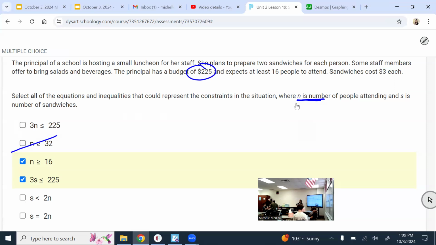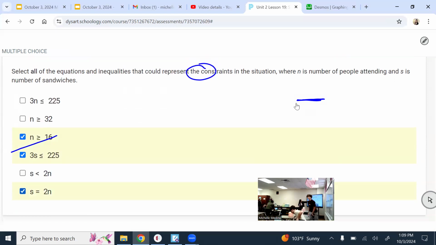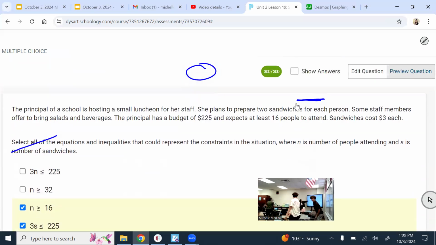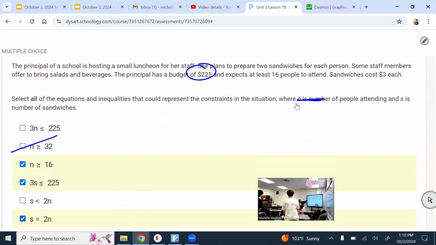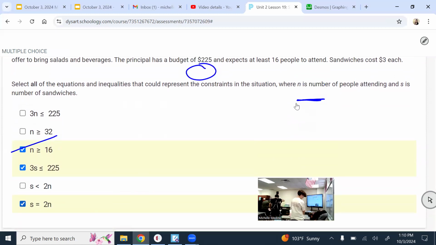Does that make sense? I say no. Because you do want 2 sandwiches per person, but you want that to tell you how many sandwiches to buy. You won't buy less than that amount of things. So I'd go with those ones. Right, and it is. So those 3. Pay attention to your options. Don't pick randomly.